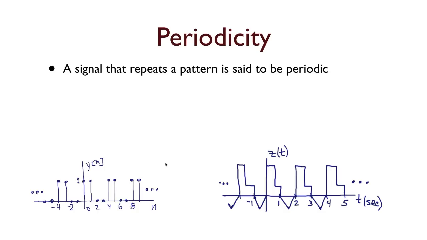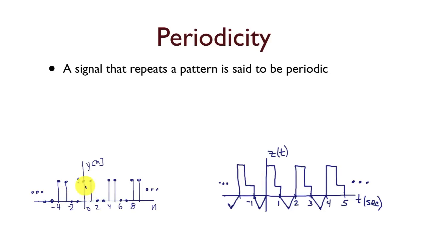Now, one of the important properties of signals has to do with being periodic. A signal that repeats the same pattern is said to be periodic. So down below here, I've drawn a discrete time signal, y of n, and a continuous time signal, z of t, and both of these repeat a pattern.